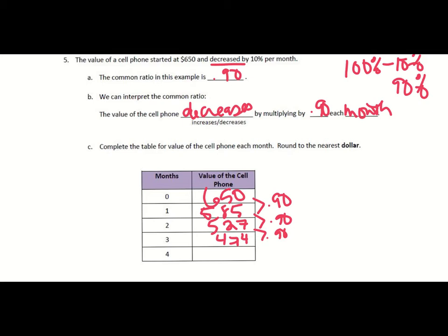And then 474 times 0.90 is about 426 or 427, depending on what you get. So round to the nearest dollar: 426 or 427, depending on how you use the equation. If you use the equation, you're going to get 426. If you round at each step, you're going to get 427.